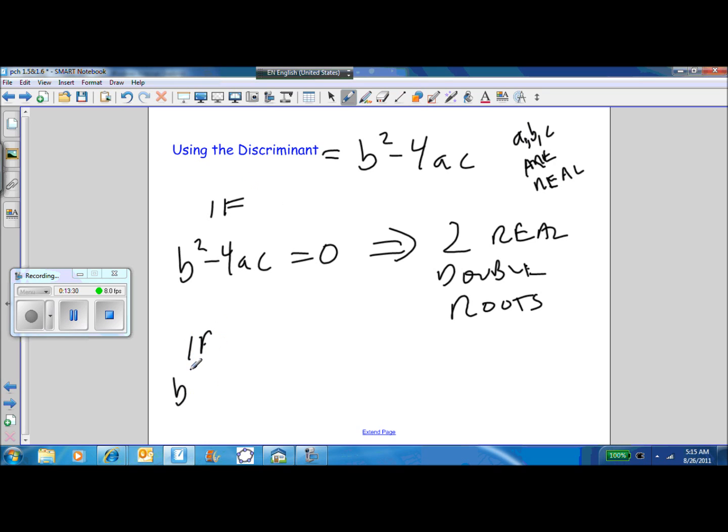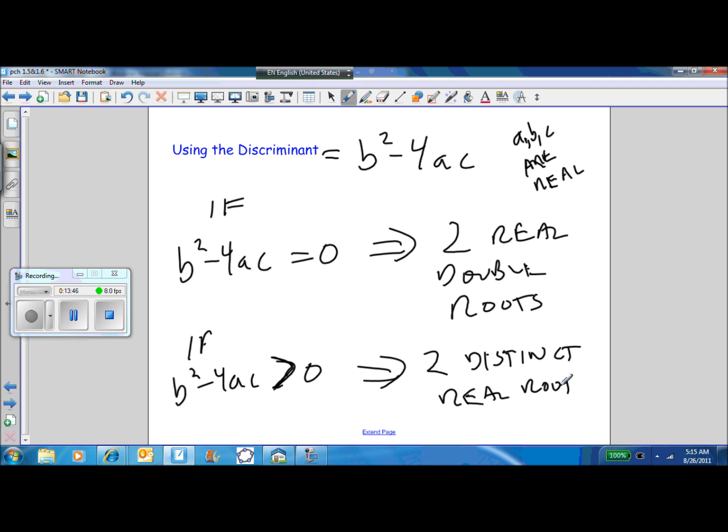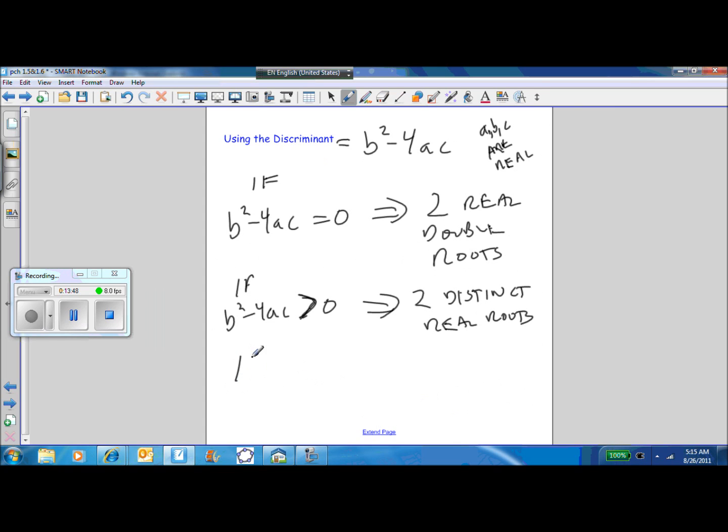If b squared minus 4ac is greater than 0, then you get two distinct real roots. And if b squared minus 4ac is less than 0, then you get two distinct complex roots, because you're going to be taking the square root of a negative number.